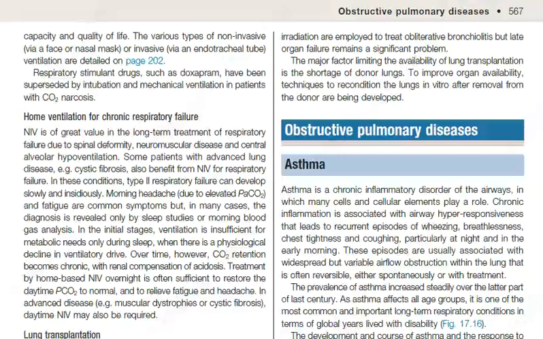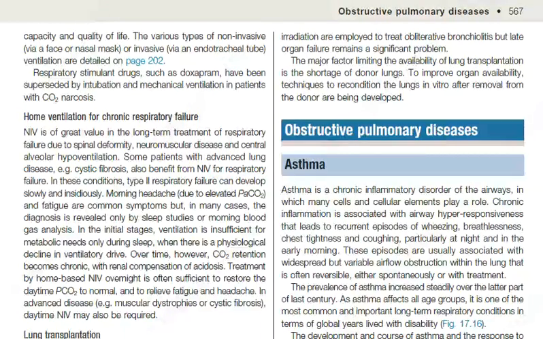In the initial stages, ventilation is insufficient for metabolic needs only during sleep, when there is a physiological decline in ventilatory drive. Over time, however, carbon dioxide retention becomes chronic with renal compensation of acidosis.